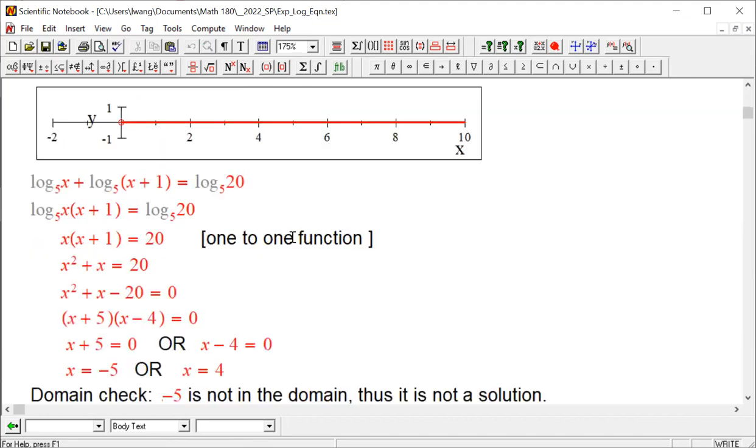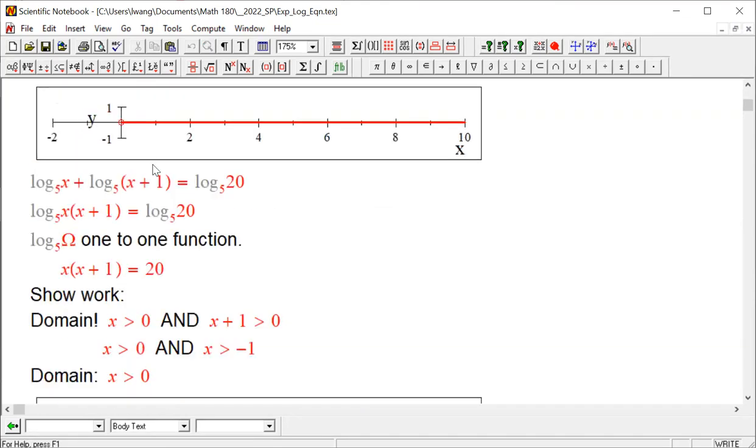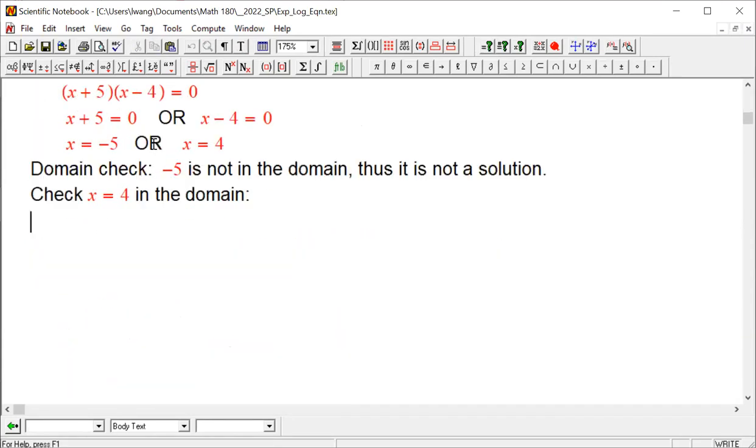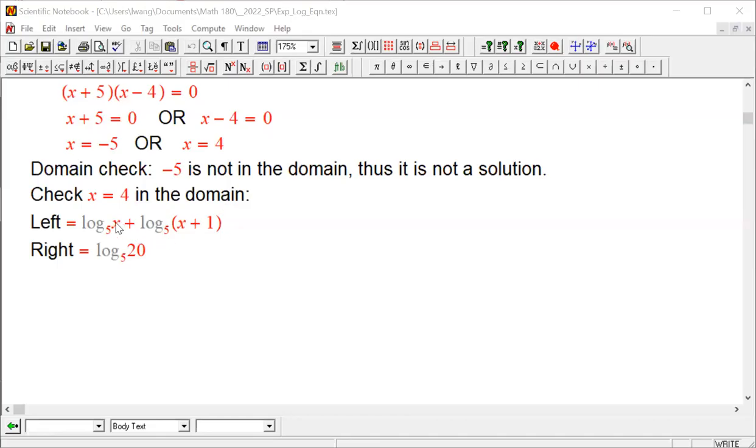We have to go back to the original equation to make sure the left equals the right. So now x equals 4, and substitute x by 4.